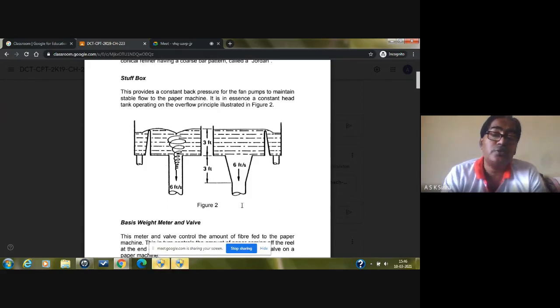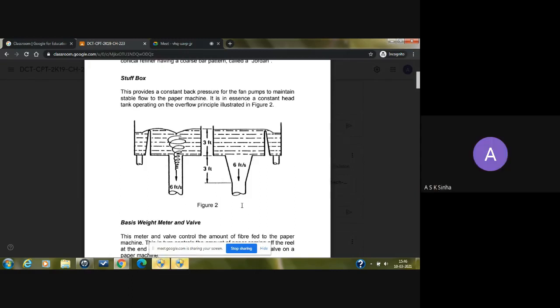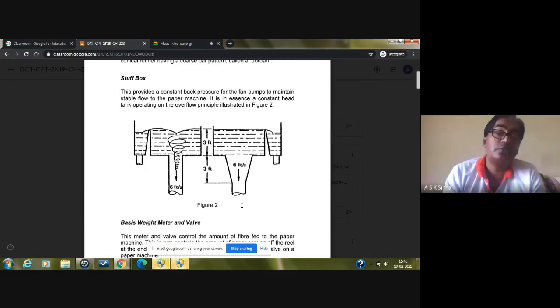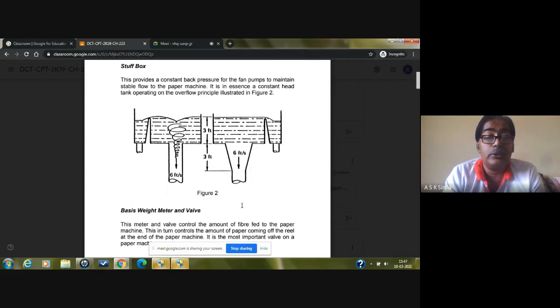So the same pressure will be at the input point of the pump, so we won't have any fluctuation in the input parameters, resulting in the same fixed flow rate and same pressure. Any fluctuation of flow rate or pressure will not be there. For that purpose, we have the stuff box. You can see the diagram here.